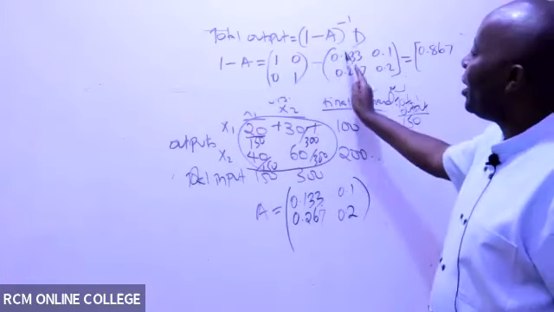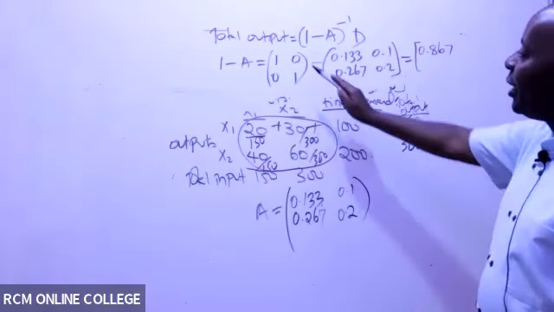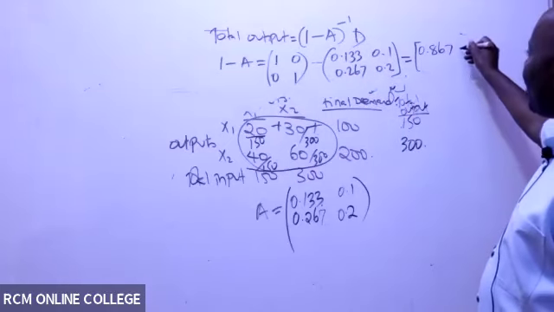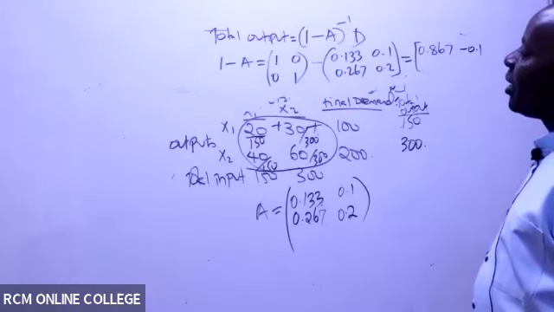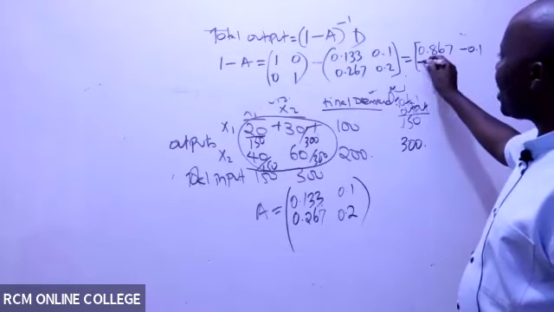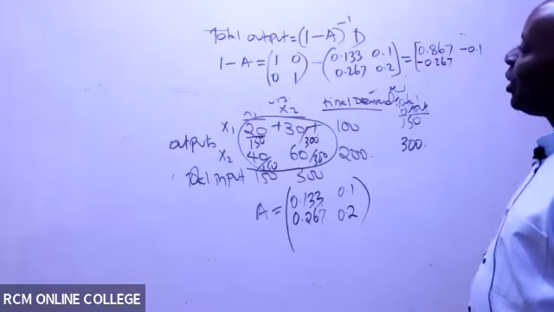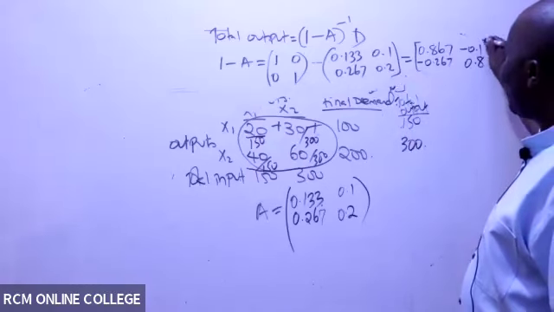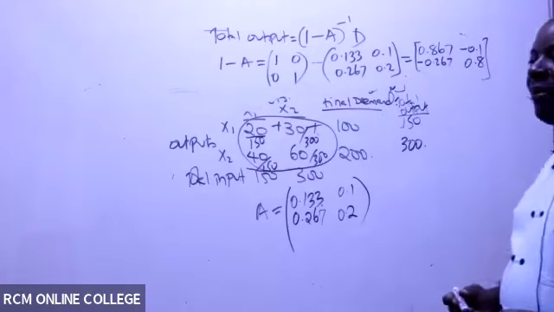So this and this gives me 0.867. Then 0 minus 0.1 gives me minus 0.1. Then we have minus 0.267, minus 0.267. Then 1 minus 0.2, giving us 0.8. So that is I minus A.